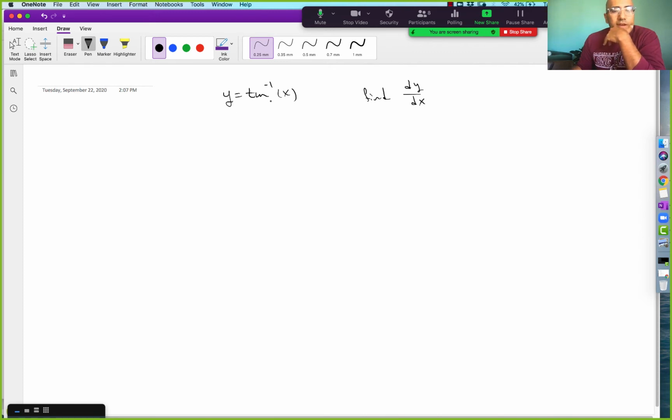In order to find it, you take the tangent of y equals x, and then you find the derivative of this thing. Later, you find that given y equals tan inverse of x, dy dx is equal to 1 over 1 plus x squared.